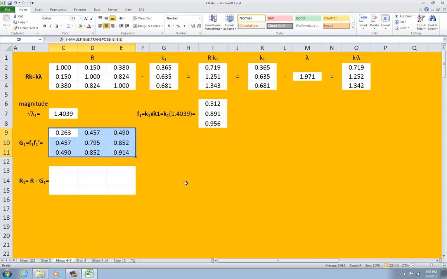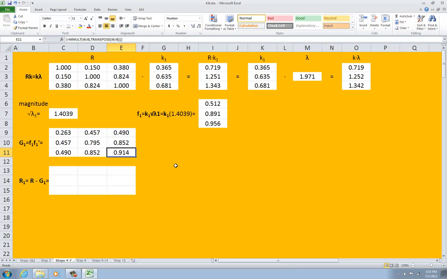It's important to explain in step 7 that the diagonal of this G1 matrix, so these values here, is the square of each of the loadings on factor 1. In other words, the communalities, the amount of variance that factor 1 accounts for in each of these 3 variables.